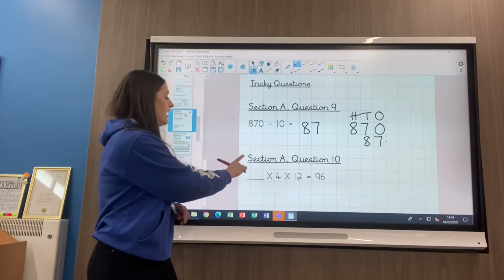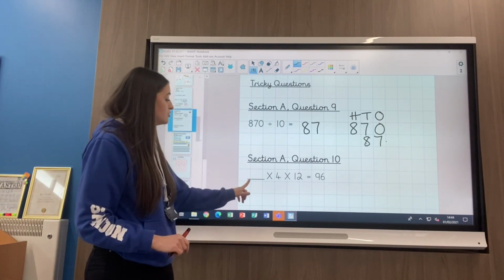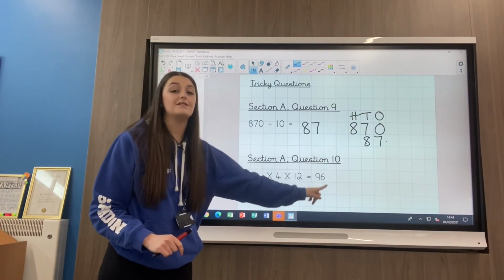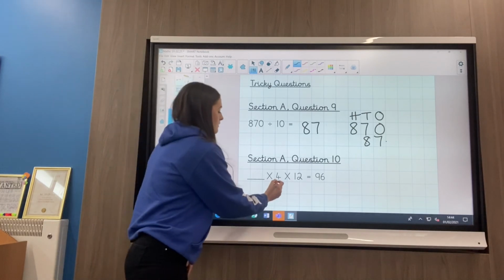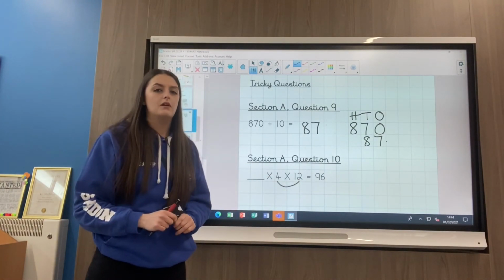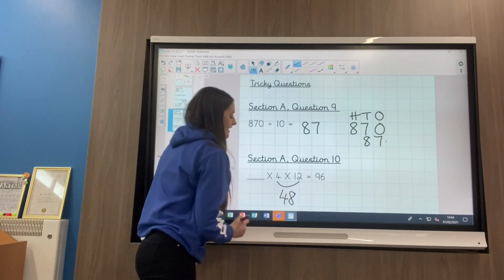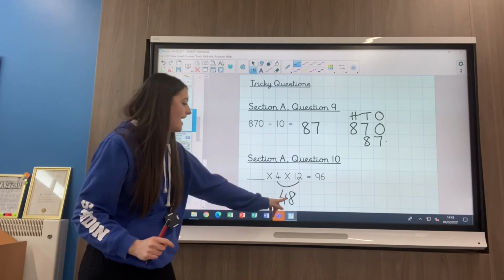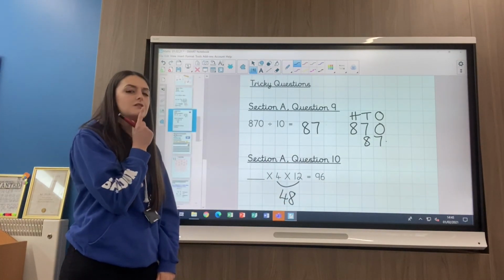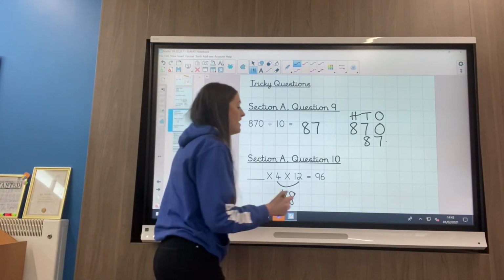Okay? And on Section A, you've also got question 10, where we've got something multiplied by 4 multiplied by 12 equals 96. Well, if I work with the numbers I've got, 4 times 12, I know 4 times 12 is 48. Now I need to multiply 48 by something to get to 96. Now 48 is quite a big number, so I'm going to try and double it first and multiply it by 2.